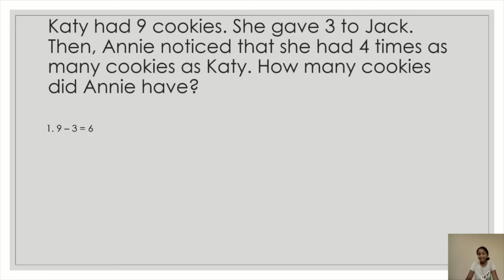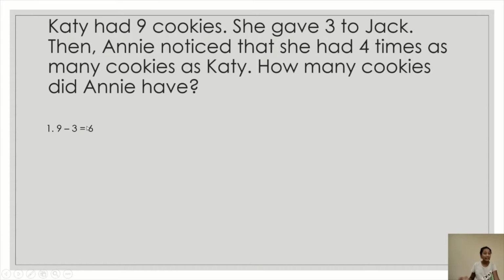Okay, now we found out our first step. Yay! So now how much does Katie have now? That's right, she has 6 cookies. Later what happens is that Annie notices that she had 4 times as many cookies as Katie.